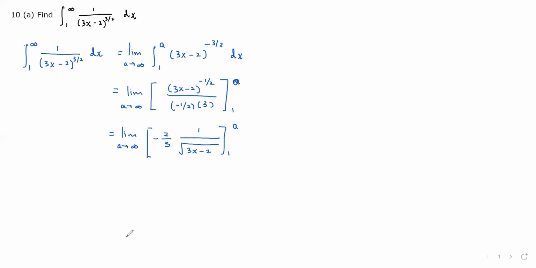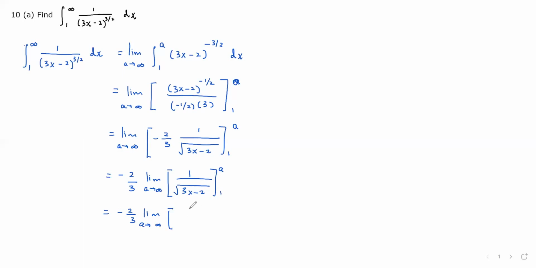We can actually pull out that negative 2/3 to make it easier. You pull this out and then you find the limit as a approaches infinity of 1 over the square root of 3x minus 2 from 1 to a. We have to evaluate this first and then we take the limit as a approaches infinity.